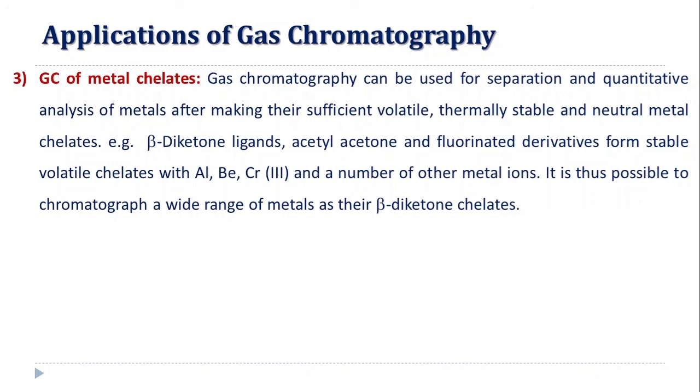Then it is possible to make a separation as well as quantitative analysis of the metals. In this way the gas chromatography instrument is useful for the detection of a wide range of metal ions by using their beta diketone chelates.